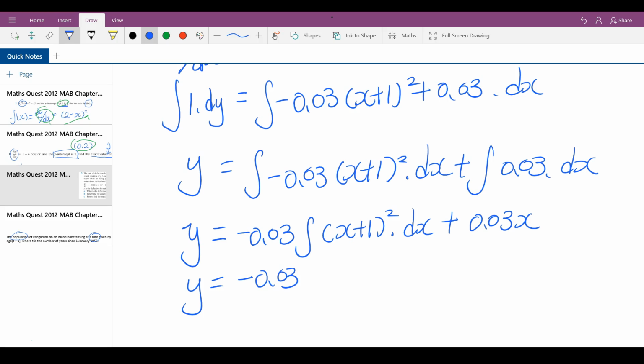Remember, when we differentiate this, we use the chain rule, which is the power multiplied by the power minus 1. When you integrate, it's completely opposite. The rule says that when you integrate, you add 1 to the power, divide by the new power, and, people always forget this, multiply by the derivative of the inside, which is 1.